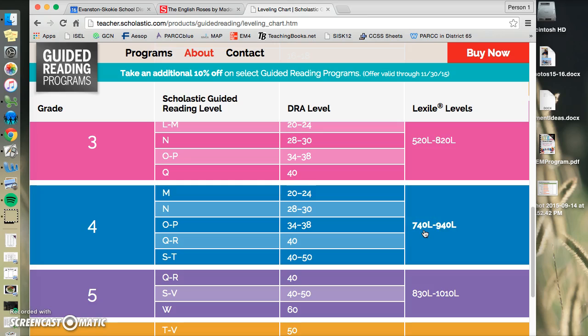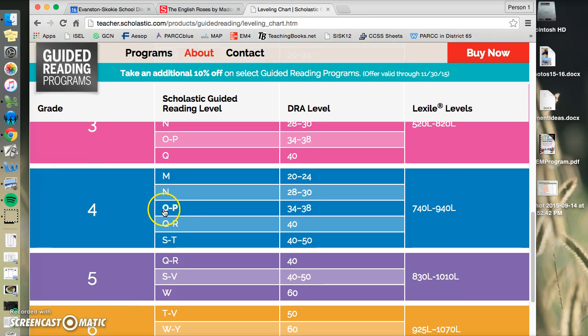So if we were at 790, I would estimate that English Roses would be around an M or an N. Maybe challenging at a level N, appropriate, maybe a little bit too easy at a level M. Again, there's not a hard line in between these levels. They're definitely related.